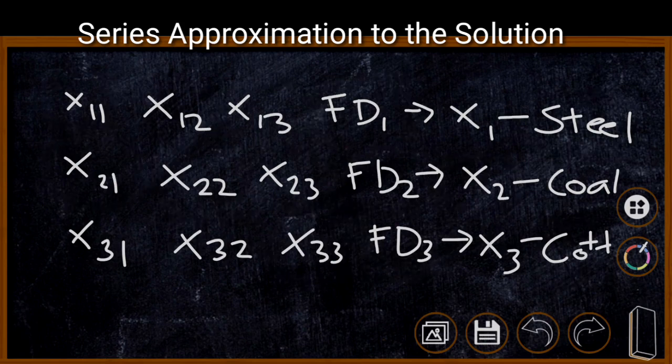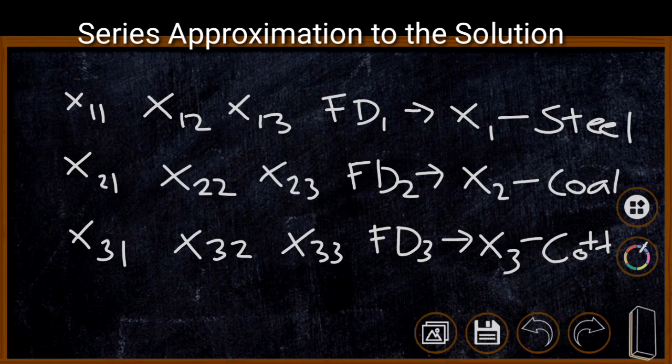Thus the steel requirement at different stages of production, that means we can complete the production process by different stages. Therefore in all stages we require a particular amount of steel and we need to lock it down.